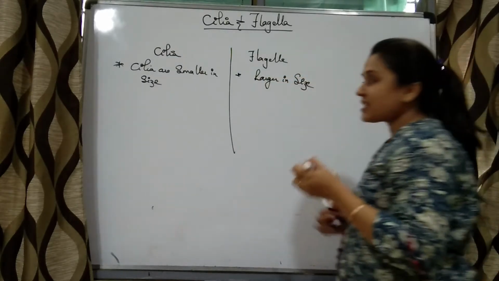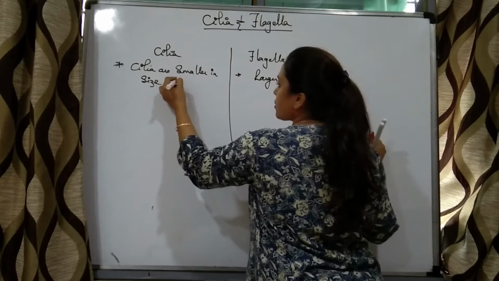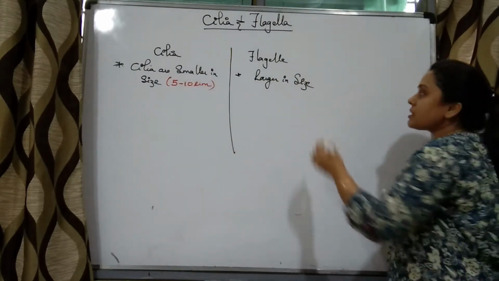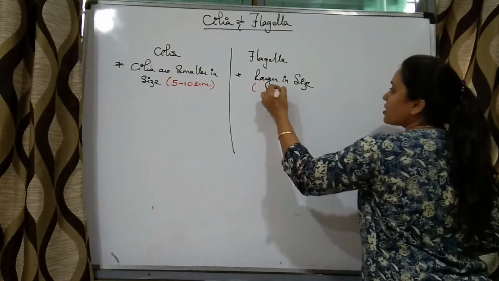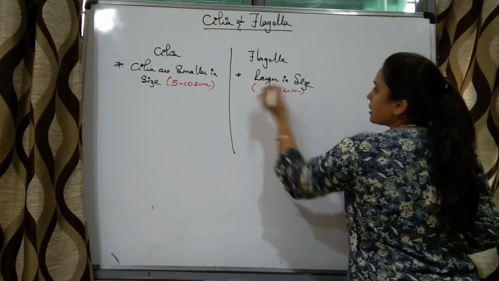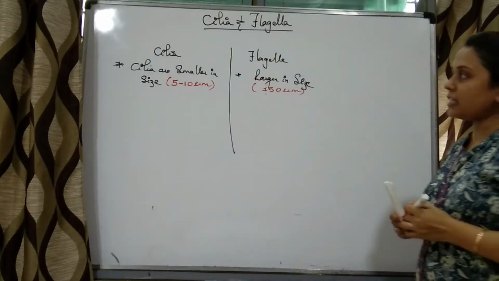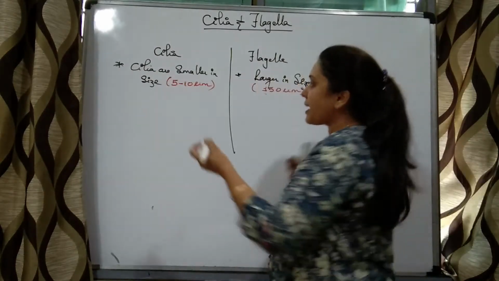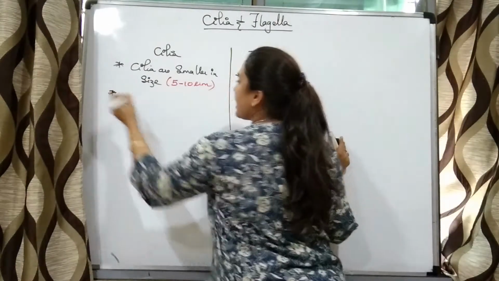The size of cilia is approximately 5 to 10 micrometers and the size of flagella is approximately 150 micrometers. So cilia are smaller and flagella are larger.